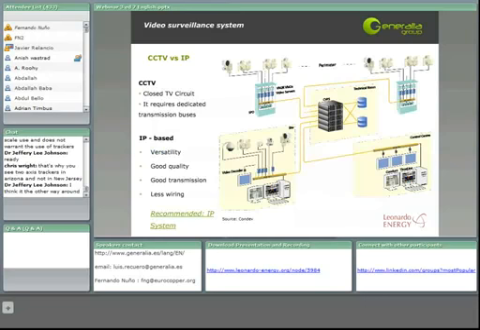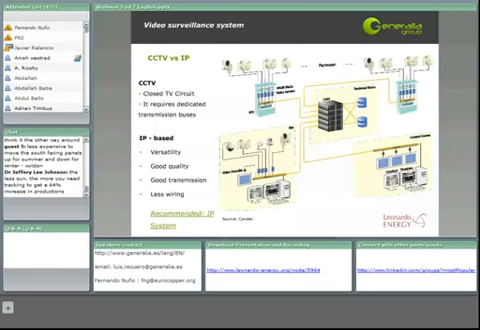The video surveillance system is a system that is being installed more and more lately because the price is being reduced and the technology has improved a lot during the last years. We have to decide between two types of system: the closed TV circuit or the IP system.